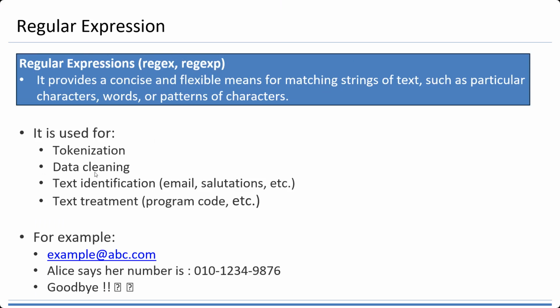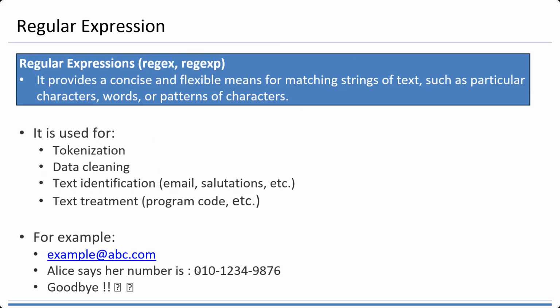We also use it for data cleaning. We also use it for text identification, for example, email or salutations, etc. We can also use it for text treatment. Let's say we are going to analyze program code, so we will use this regular expression.